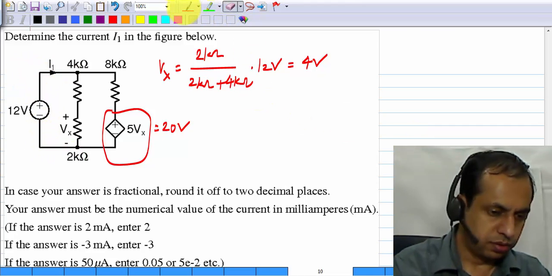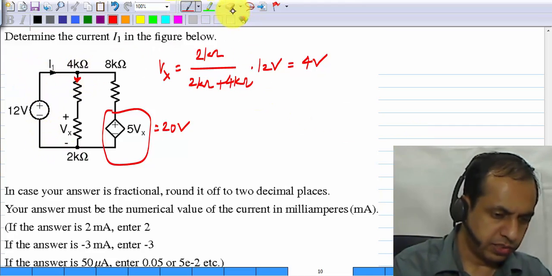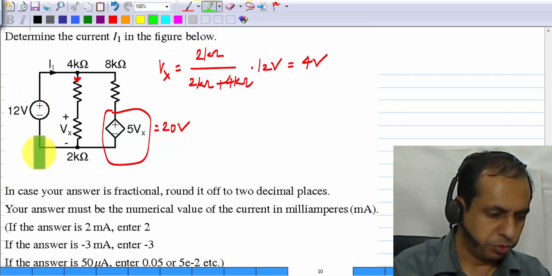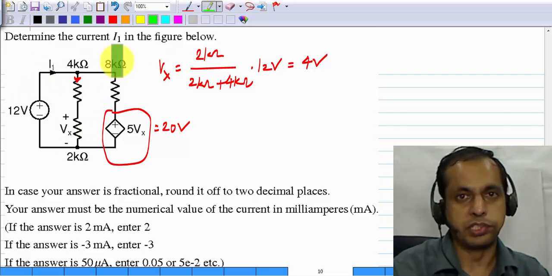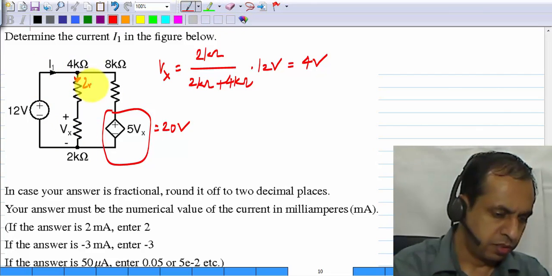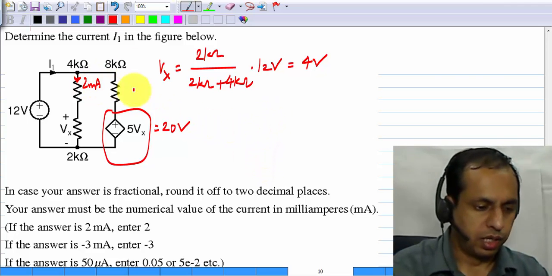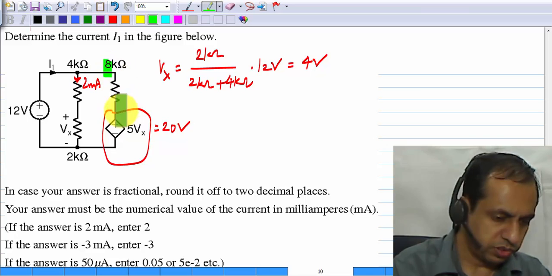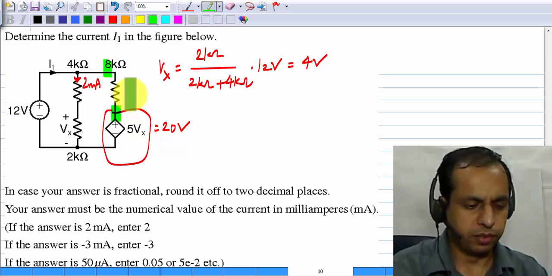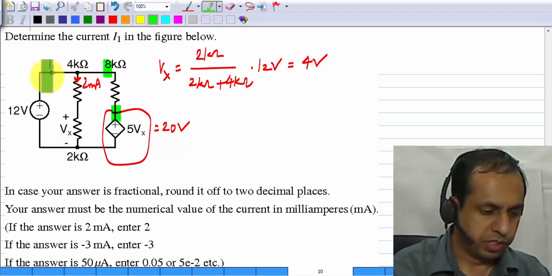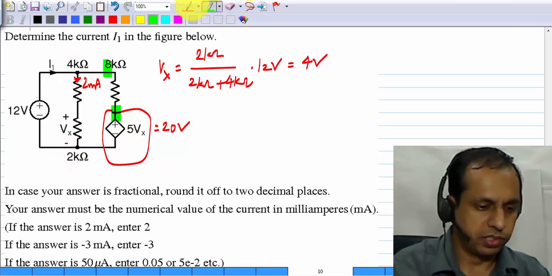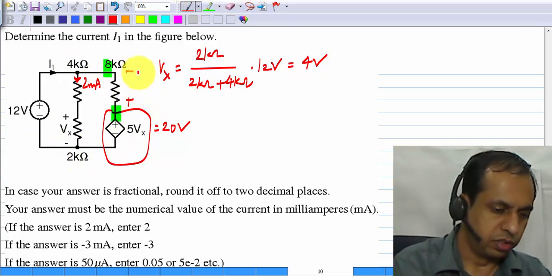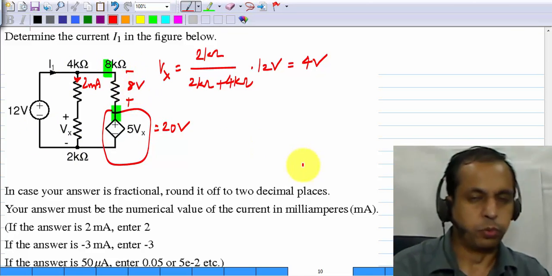Now the current flowing in this is basically this 12 volts divided by the total resistance, which is 6 kilo ohms, that's 2 milliamps. And here the voltage across this 8 kilo ohm resistor, you can see it is plus 12 volts on this side, plus 20 volts on that side, so it is 8 volts in this polarity.